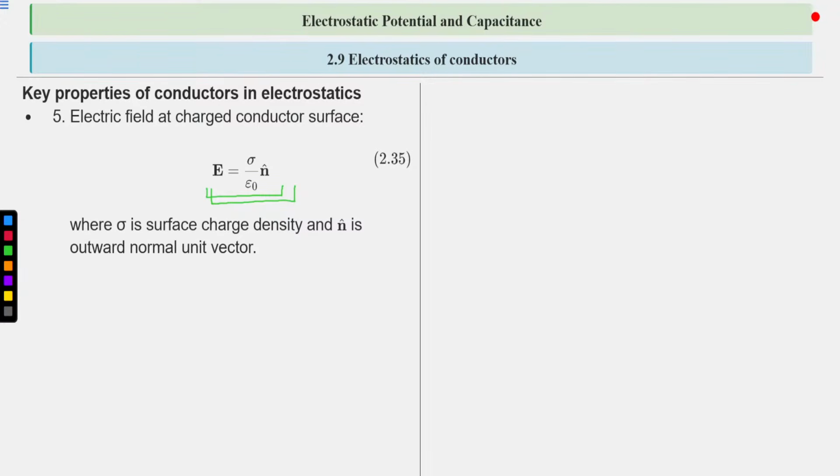Sigma is surface charge density, Q upon area, epsilon naught is a constant, and n cap is the outward normal unit vector.